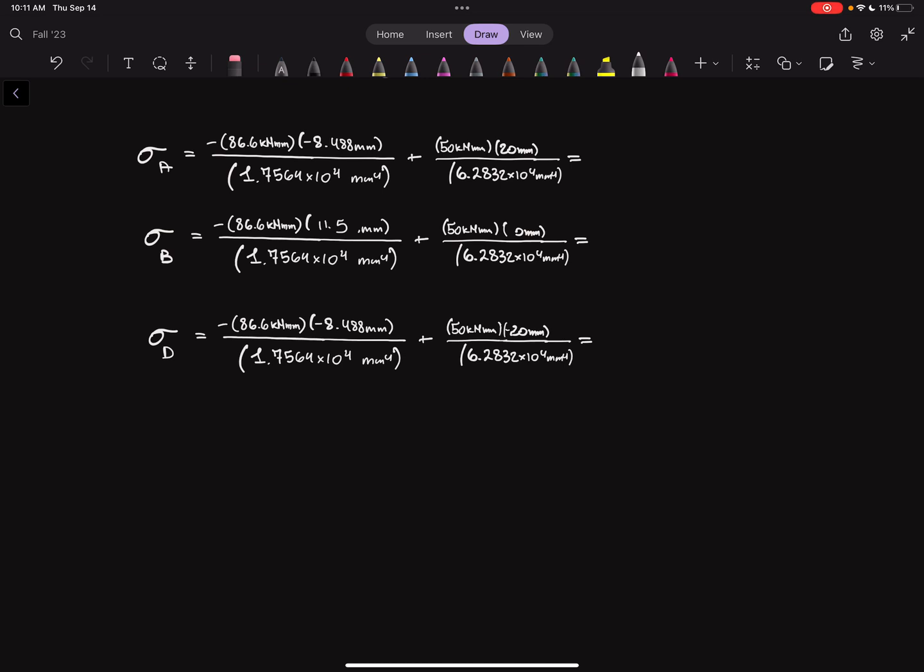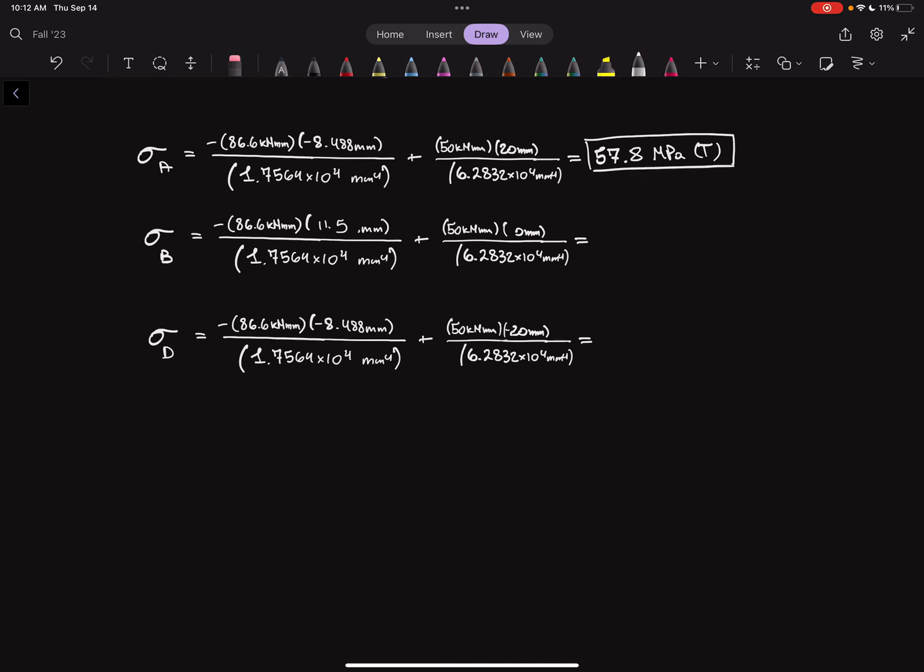Now I'm going to add 50,000 times 20 divided by 6.2832 times 10 to the fourth, right? So now we have 57.8 megapascals, we'll say. And it is positive, so this is in tension. All right. That's in tension.